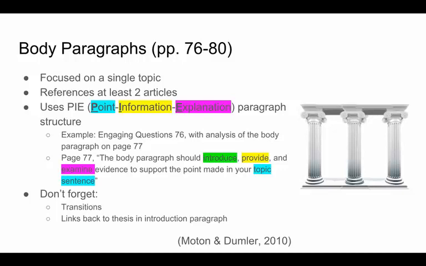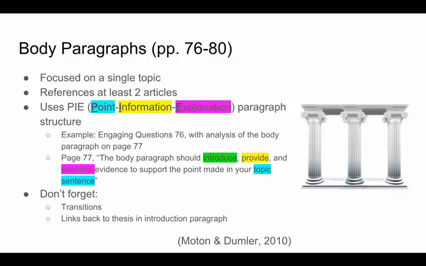And then the book in page 77 mentions that the body paragraph should introduce, provide, and examine evidence to support the point you made in your topic sentence. So I've kind of used color to correspond to the ideas that are represented in the PIE structure.